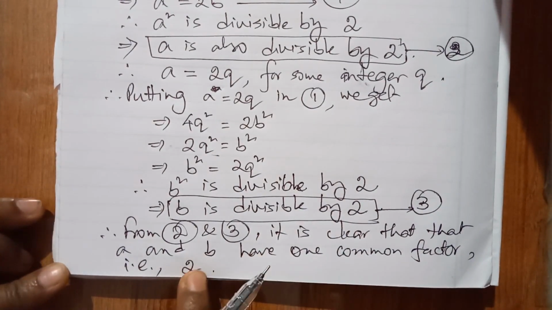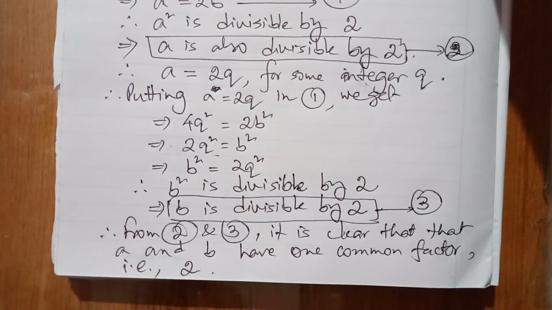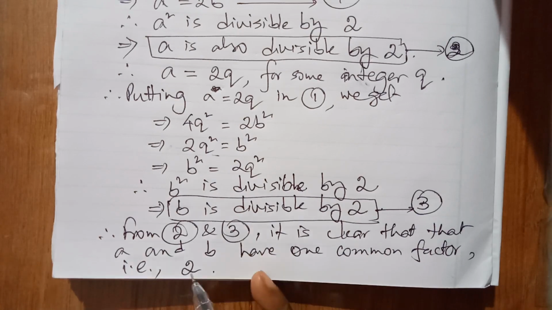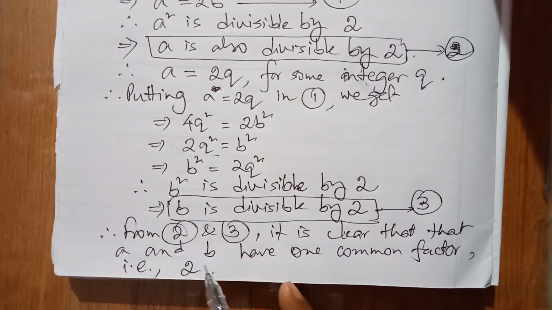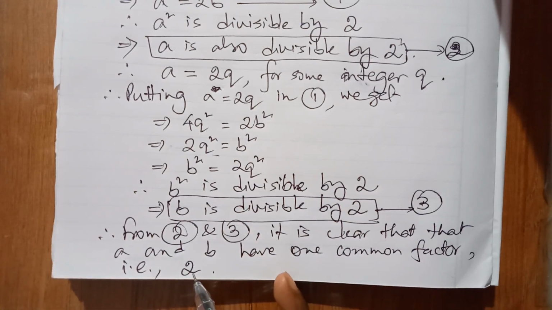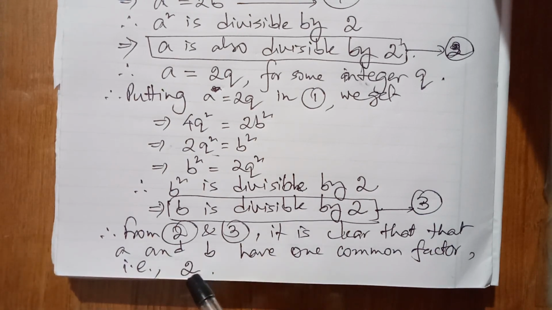So in the last I am getting one impossible result, as a and b are co-prime integers, so they cannot have any common factor other than 1. But here I am getting the number 2 also common for both a and b. So this is not possible for two co-prime numbers.